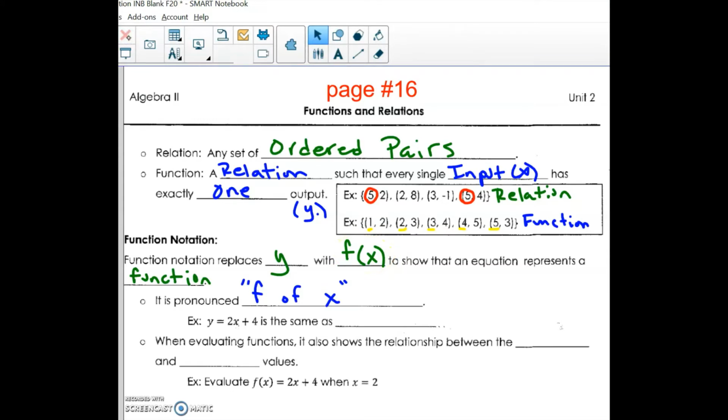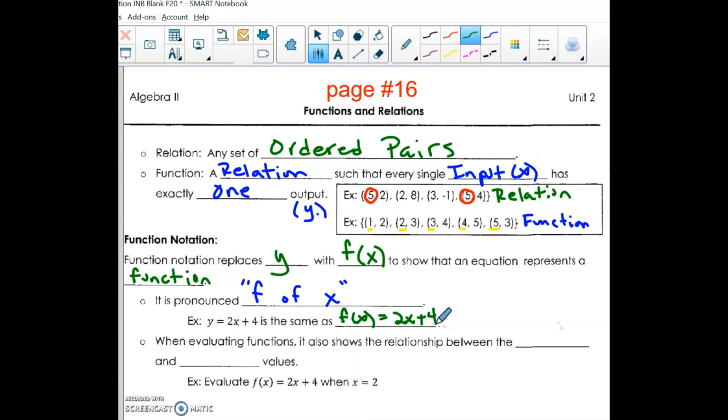So we can take the equation underneath, and we can write it now as f of x equals 2x plus 4. So instead of the y being there, the y got replaced with f of x. When we evaluate functions, it also shows the relationship between the x values and the y values. It becomes an ordered pair, x, y.